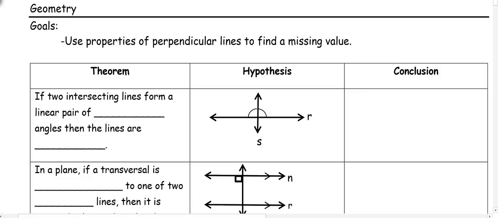This video is about using the properties of perpendicular lines to find the missing value. So, if two lines are intersecting and form a linear pair of congruent angles, then the lines are perpendicular.